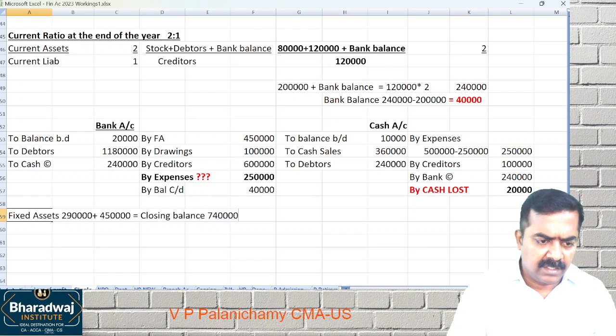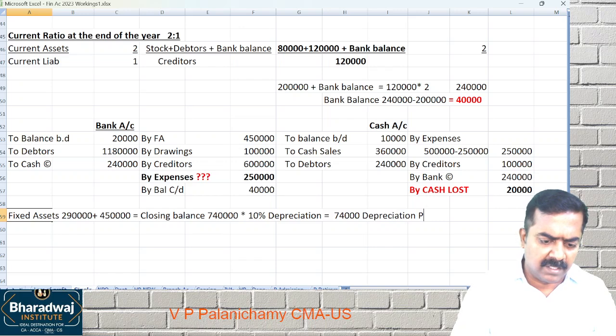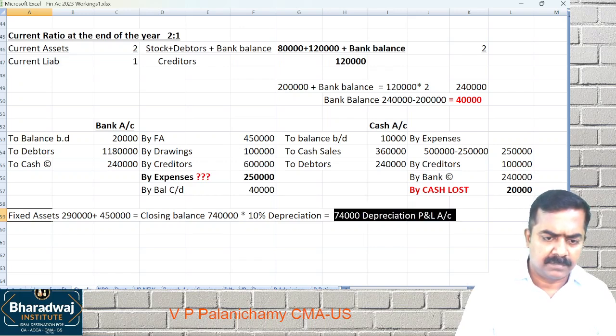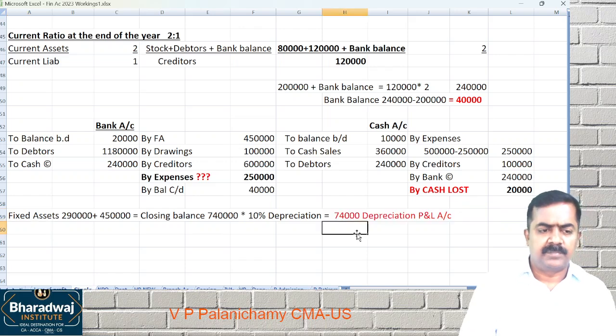Balance-க்கு எவ்வளவு போட சொல்றாங்க? 10% depreciation charge பண்ண சொல்றாங்க. Clear-ஆ words use பண்ணிருக்கோம் பாருங்க. இப்போ 74,000 will be depreciation in P&L. Which account? P&L. Please note this also.